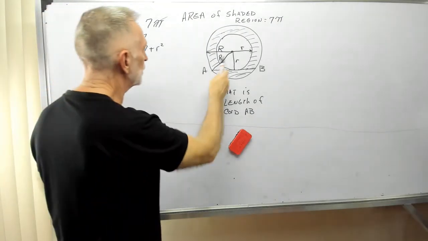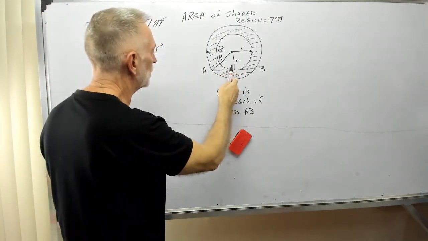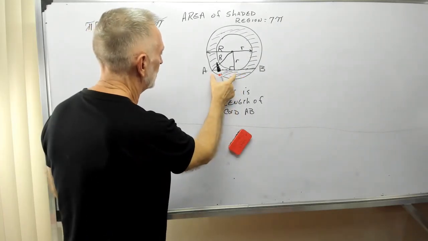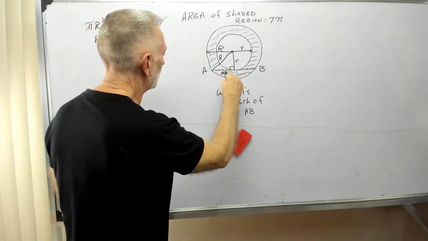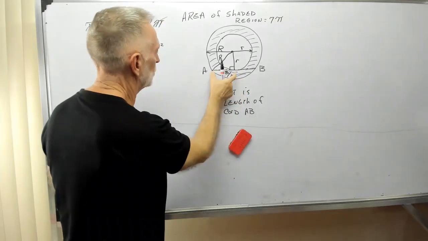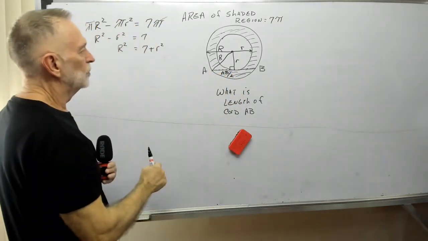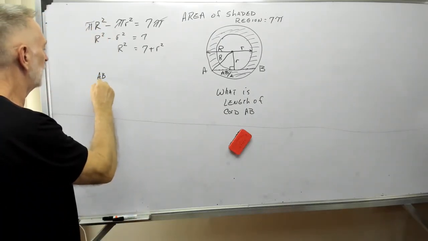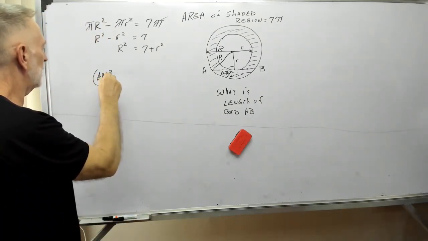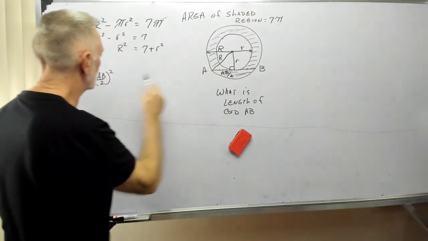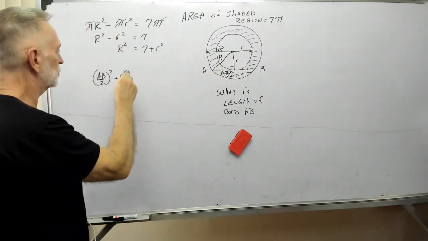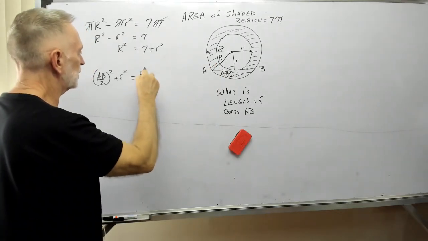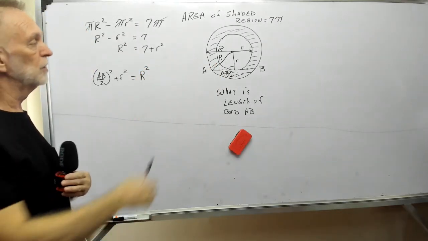So what did I just do? We created a right triangle with this length here being AB divided by 2. What does that do for me? Well, I have AB over 2 squared plus the inner radius squared, and that equals the hypotenuse, which in this case is the outer radius squared.